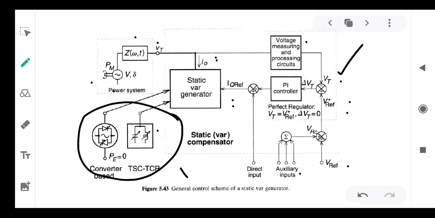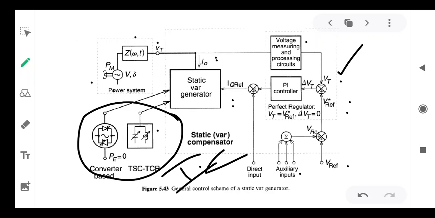The internal control we have already understood in the previous videos: indirect voltage control and direct voltage control of the STATCOM, as well as FC-TCR type SVC control circuit, as well as TSC-TCR type SVC control circuits. Those control circuits are already explained.